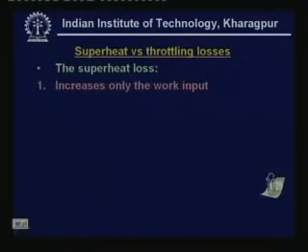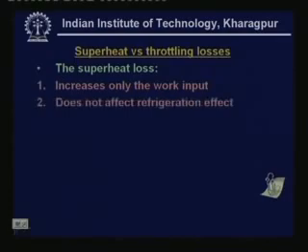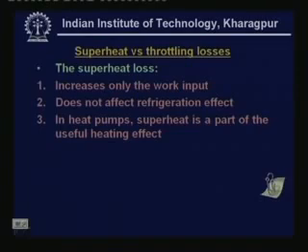If you look at the superheat loss, it increases only the work input, it does not affect the refrigeration effect. And in heat pumps, superheat is a part of the useful heating effect. That means if you are using the system for heat pumping, interested in the heat rejected in the condenser, then the heat loss due to the superheat horn is not a loss at all, because that can be recovered.